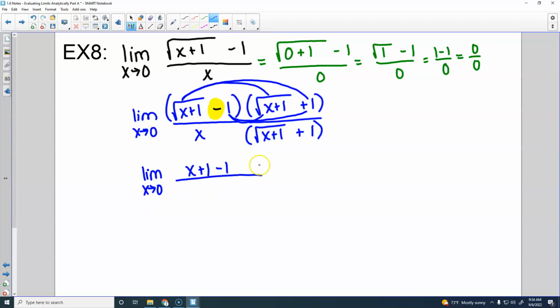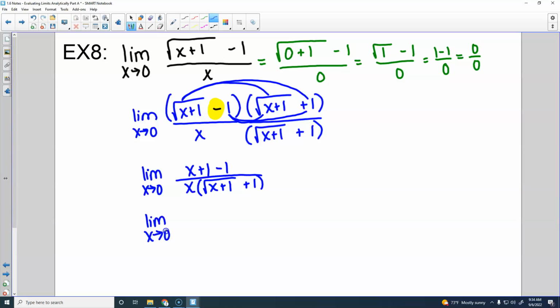In the denominator, don't multiply those together. Because we want something to cancel, and it's going to cancel more easily if it's factored. So I've got x times square root of x plus 1 plus 1 in the denominator. So we should see some stuff happening. What's going to happen with that plus 1 minus 1 right there?